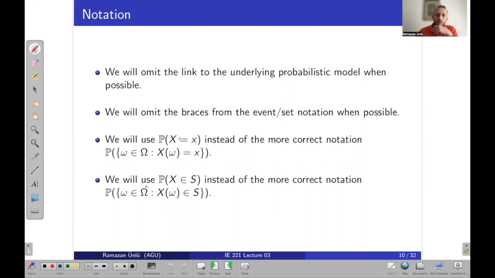Also, we will omit some braces from the event and set notation when possible to make things easier to follow. So we will use this notation instead of the more correct one.